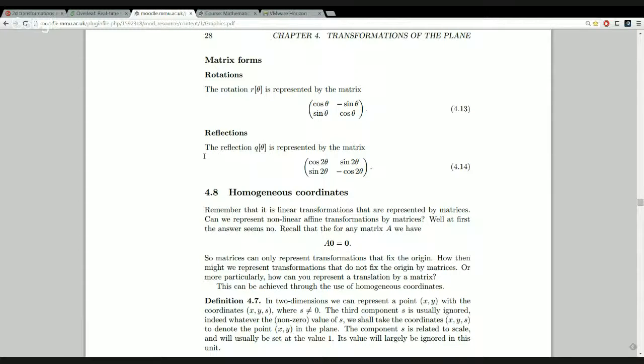So f is in fact a glide reflection, QCG theta, where the vector C, the reference point on the line, we can take as 1/2, 0.